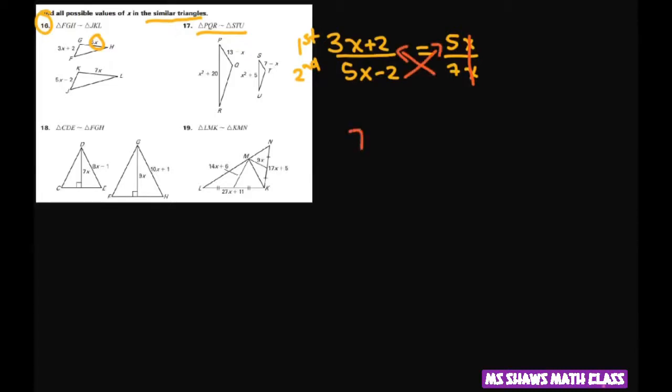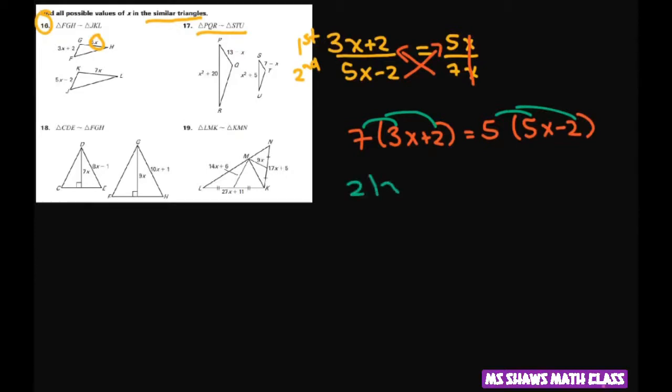So we have 7 times 3x plus 2 equals 5 times 5x minus 2. Now let's distribute here. And you're going to get 21x plus 14 equals 25x minus 10. Let's go ahead and subtract 21x from both sides and add 10 to both sides.